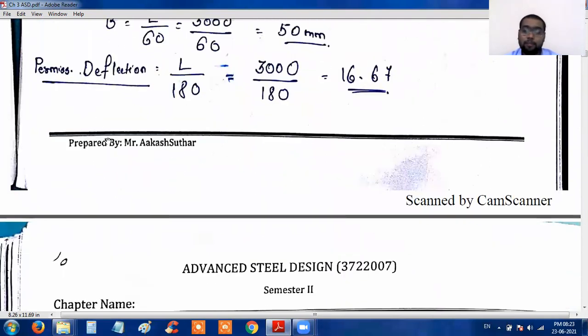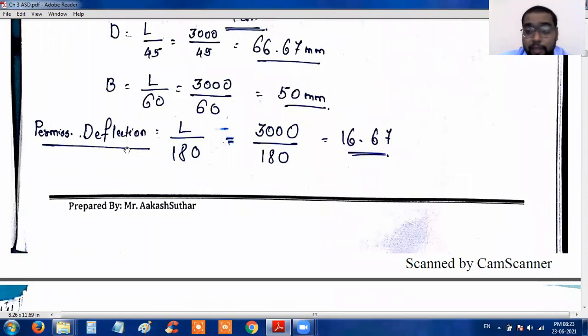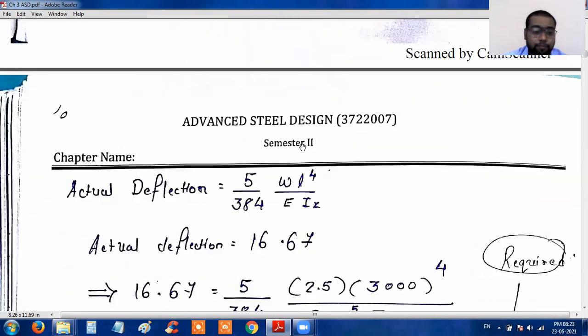Then permissible deflection. Permissible deflection is L upon 180 from the IS 800. Here value of L is 3000 upon 180. It means 16.67 mm.